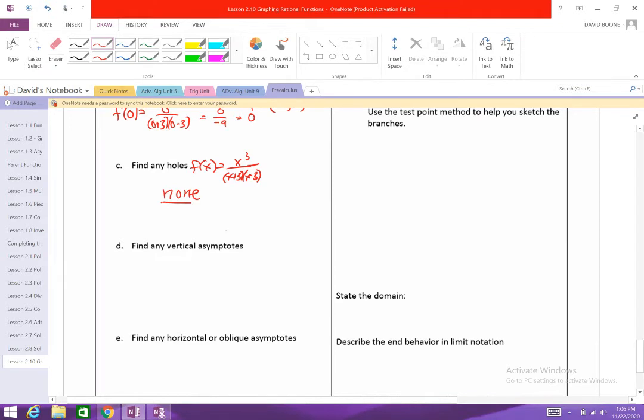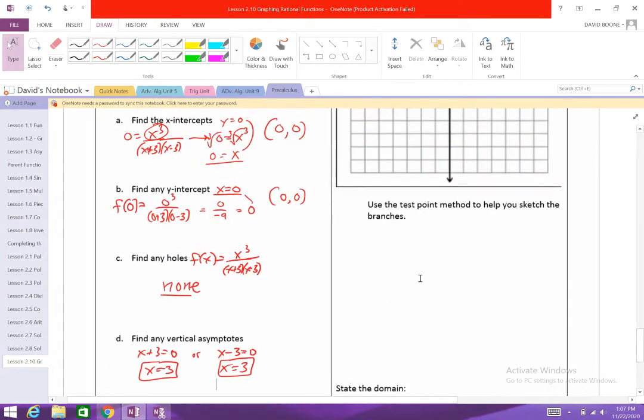For the vertical asymptotes, we look at where the denominator becomes 0. That's where x plus 3 equals 0 or x minus 3 equals 0. So there's a vertical asymptote at x equals negative 3 and x equals positive 3. Let's go back in there and draw those in.